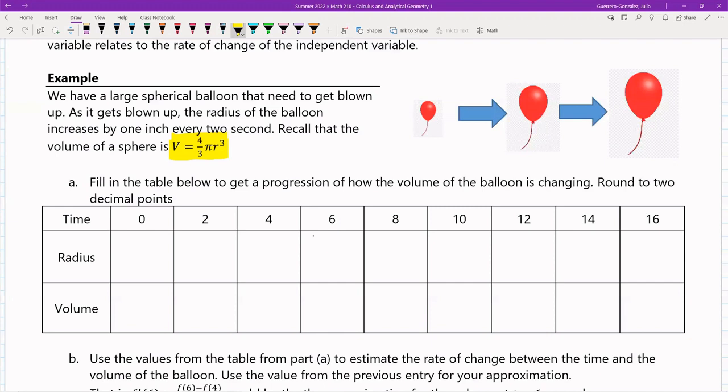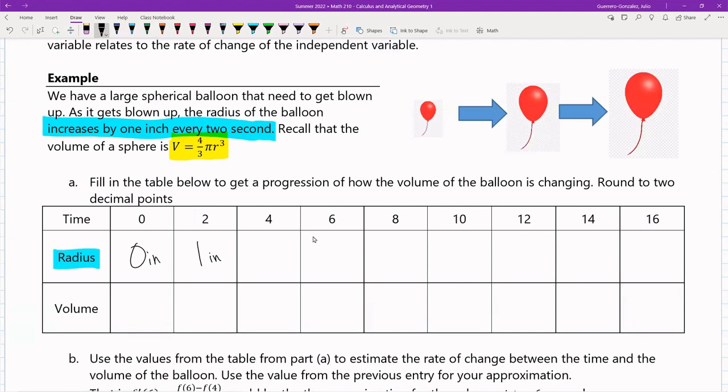At time 0, the radius is 0, right? At time 2, the radius is 1 inch. So where did I get that from? The radius was given by this right here. It increases 1 inch every 2 seconds. So at 2 seconds, it should be an inch.